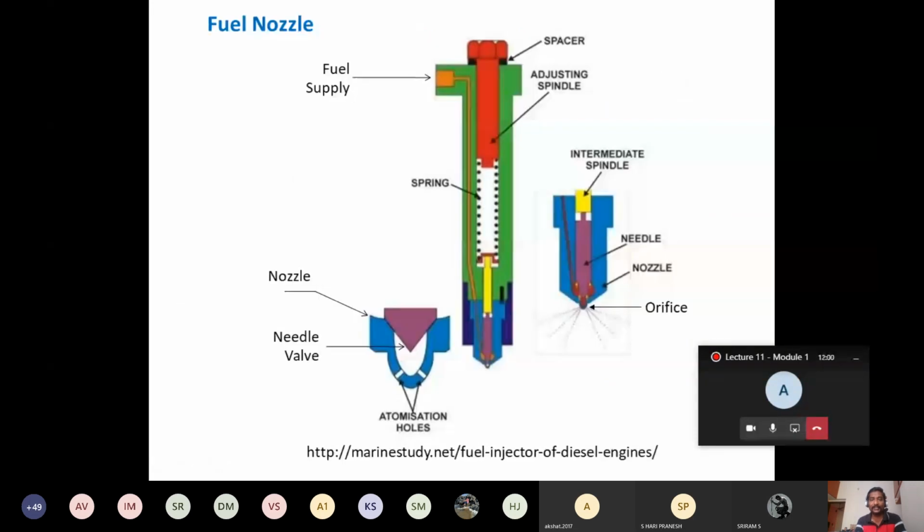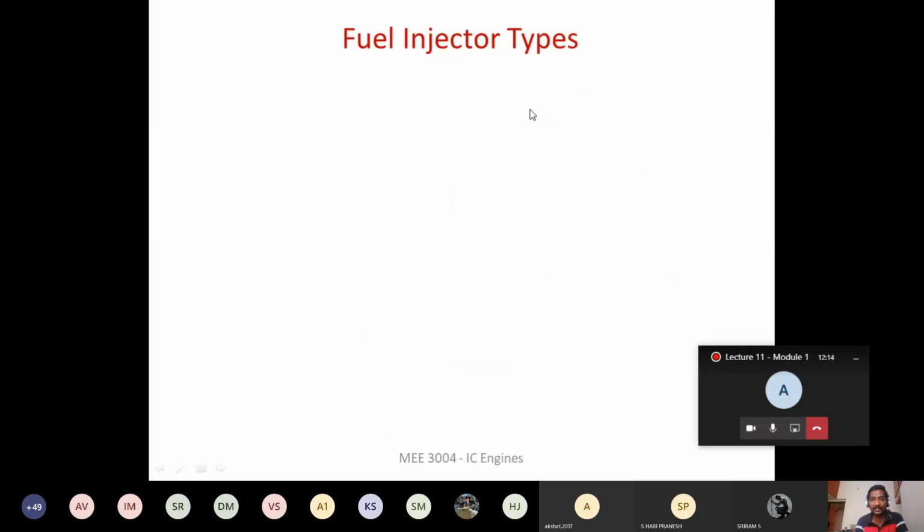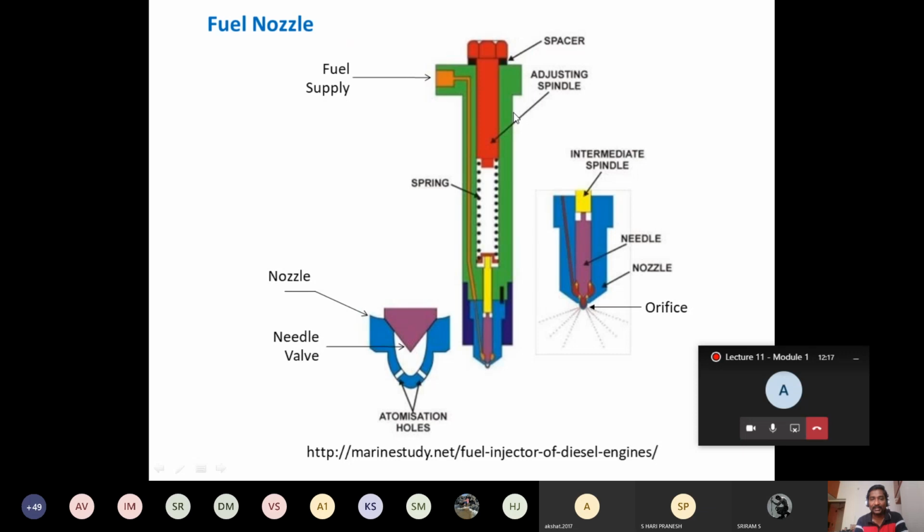Right. And in detail, if you go to the nozzle part alone, this is a complete fuel injector, and the opening of the needle valve or the orifice is because of the solenoid valve in the case of an electronic fuel injector. And this is the fuel nozzle body.